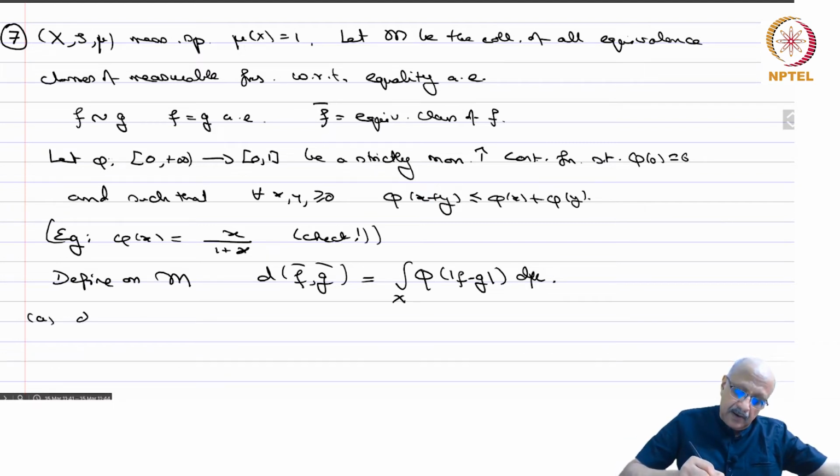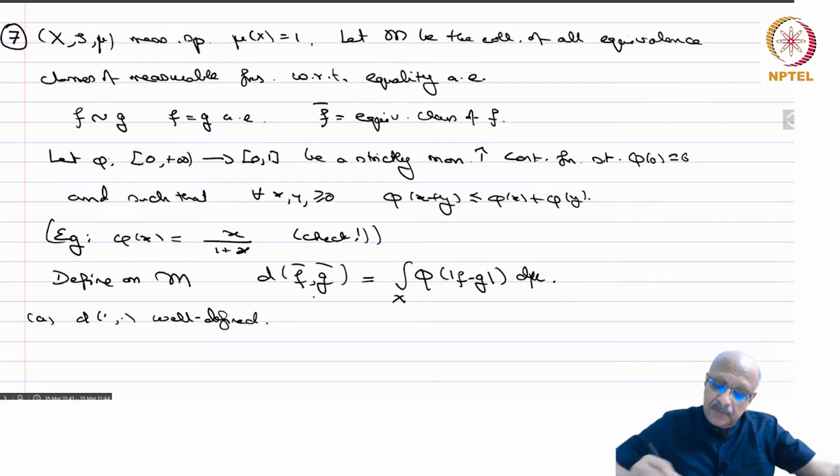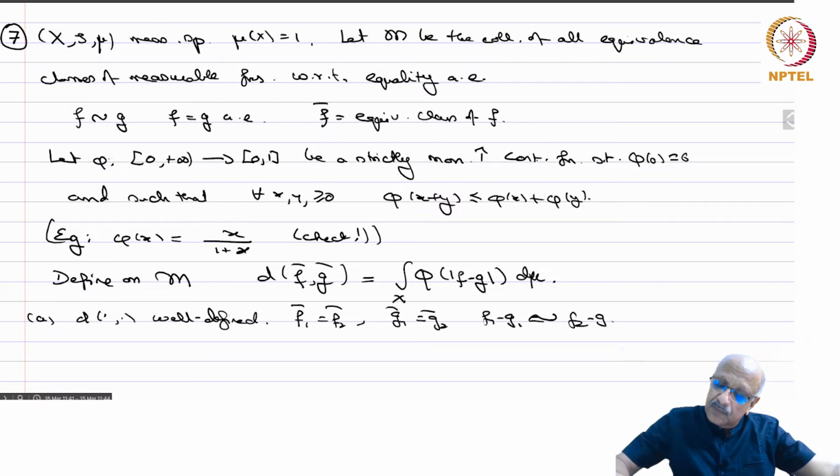(a) d is well defined. Because if f1 bar equals f2 bar and g1 bar equals g2 bar, then f1 minus g1 is equivalent to f2 minus g2, and therefore phi of mod f1 minus g1 is equivalent to phi of mod f2 minus g2.